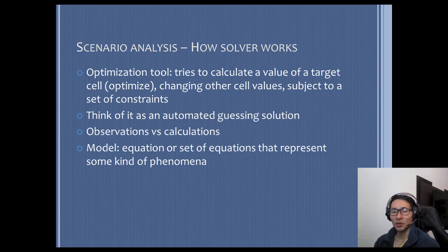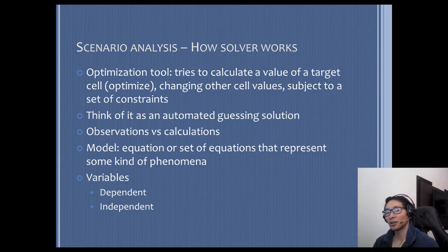Remember when we were trying to fit the daily balance in my Nubank account by a second order polynomial? In this case, the daily balances are the observations and the model is the second order polynomial. The second order polynomial is an equation, right?